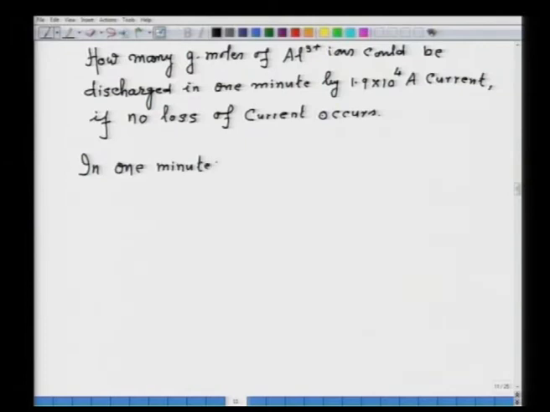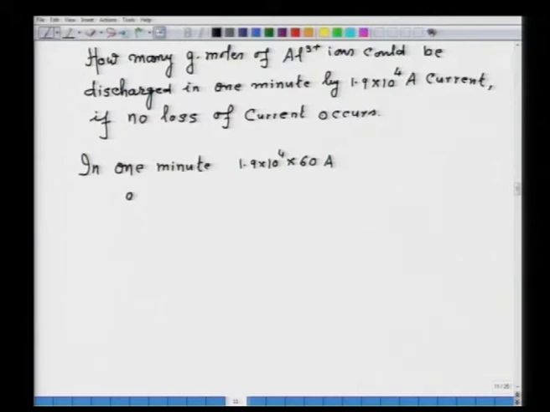So, now let us calculate, in 1 minute, how much current will flow? The charge that will flow is 1.9 into 10 to the power 4 into 60. That much will flow.